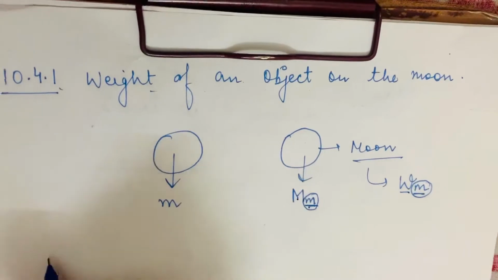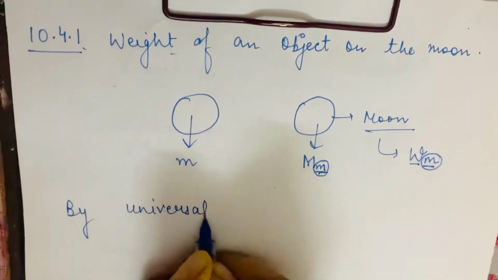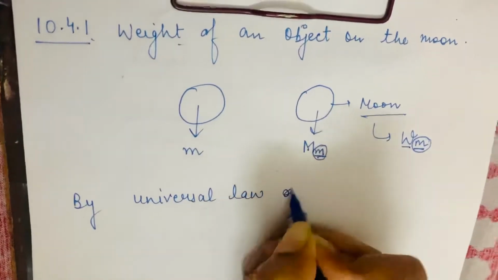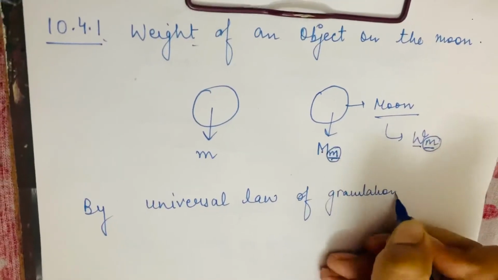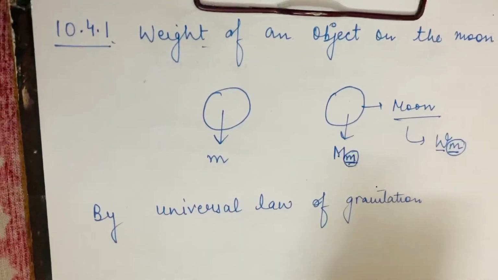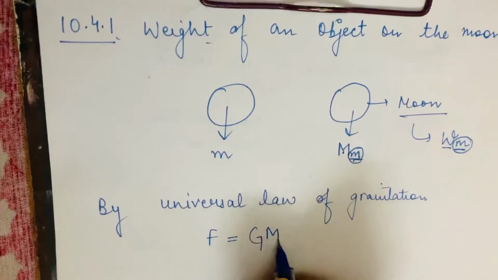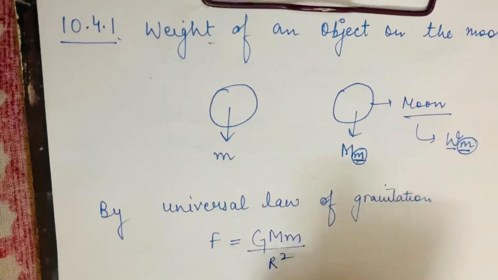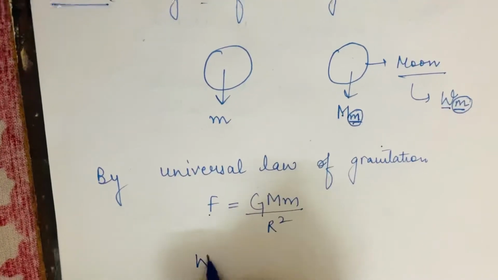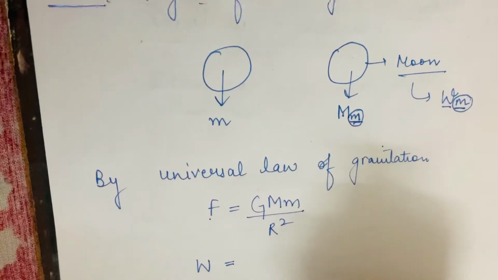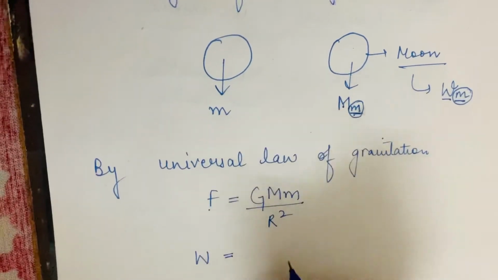Now, by applying the universal law of gravitation, we discussed that force is equal to G Mm upon r square. So that force I can substitute as weight, because we know that the force of attraction on any object is abbreviated as weight as well.